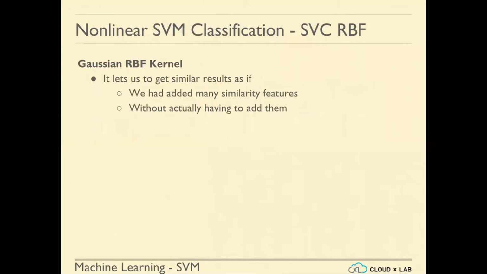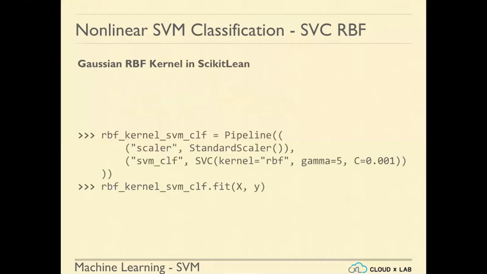In the case of RBF, we can control how many features should be added. If we're using the RBF kernel, it lets us get similar results as if we had added many similarity features, without actually having to add them. So you can try doing the RBF kernel part.